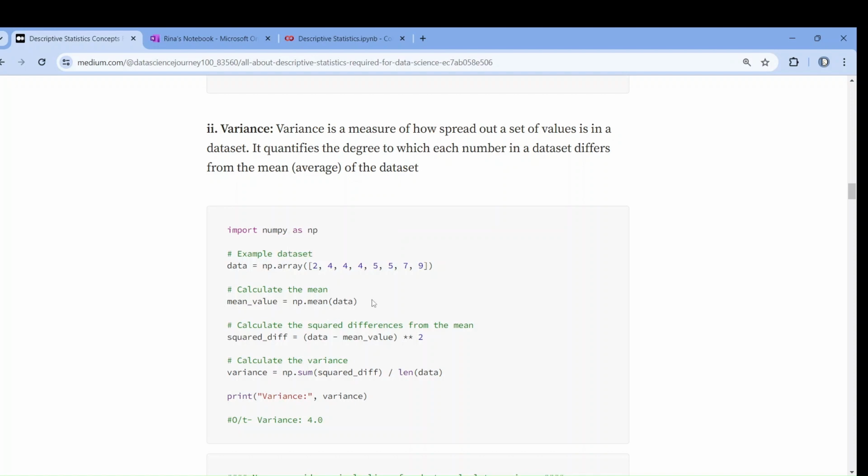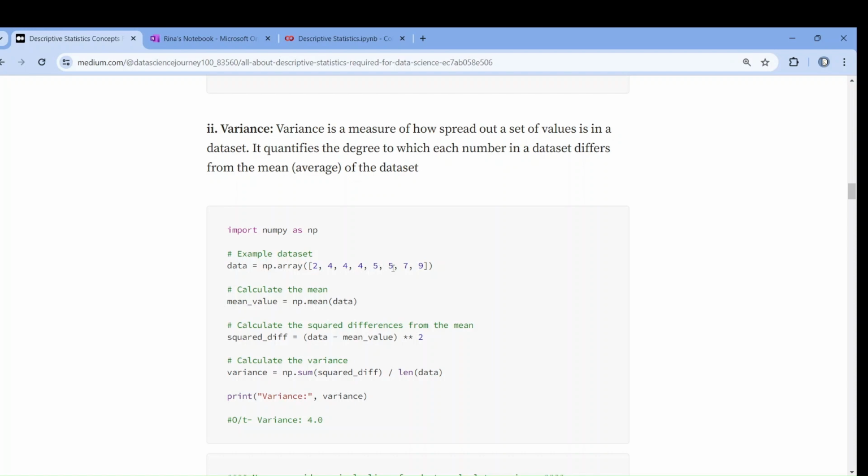Now I want to know how much each number in the data set, 2, 4, 7, 5, 9, differs from the mean of the data set. So 2 minus 5 is minus 3, the square of which is 9. 4 minus 5 is minus 1, the square of which is 1. Same, 1.